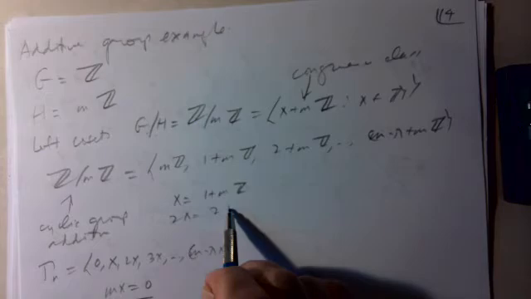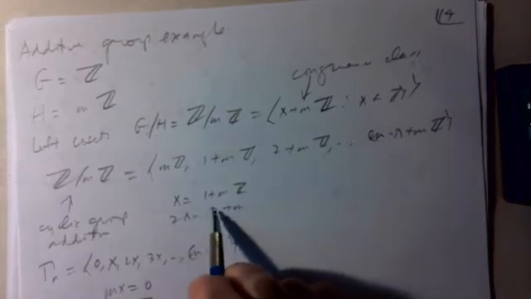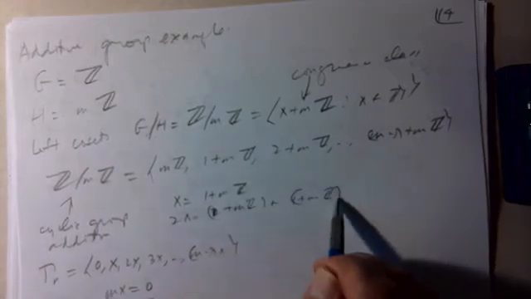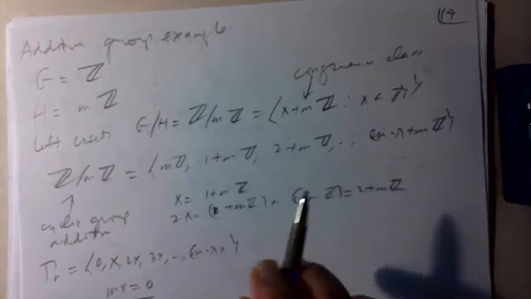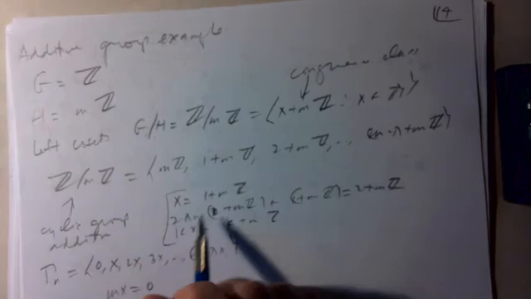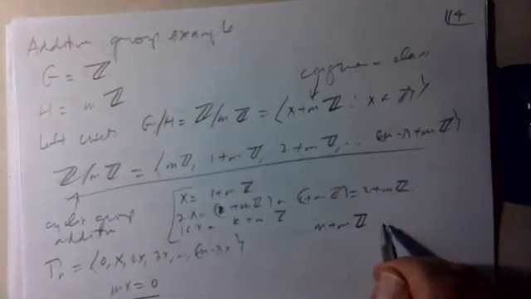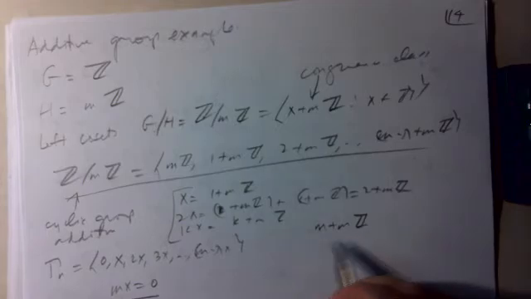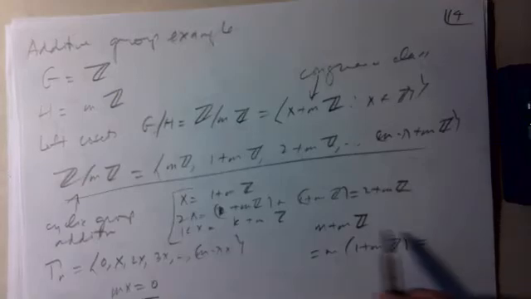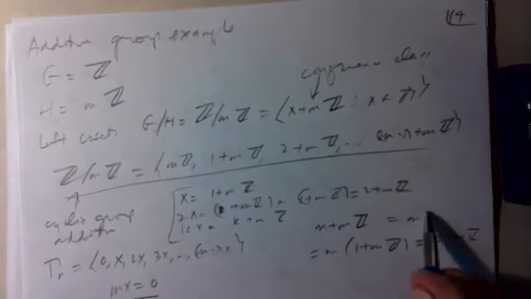2x is, well, it's x plus x: 1 plus mZ plus 1 plus mZ is 2 plus mZ. In general, k times x is k plus mZ. And m times 1 plus mZ is m plus mZ, which is 0 plus mZ, mZ.